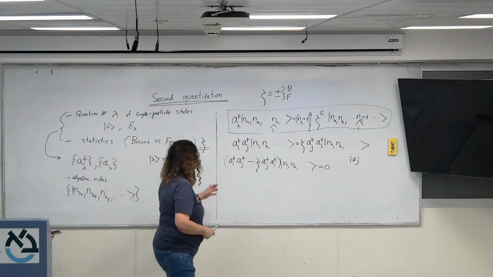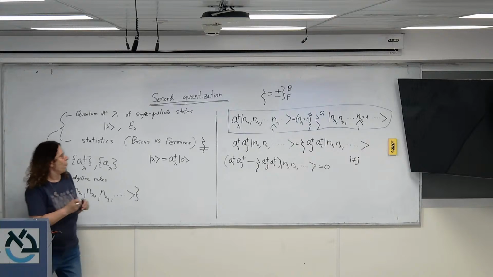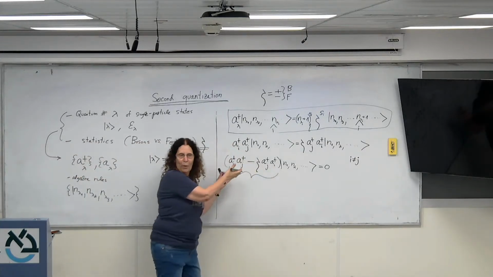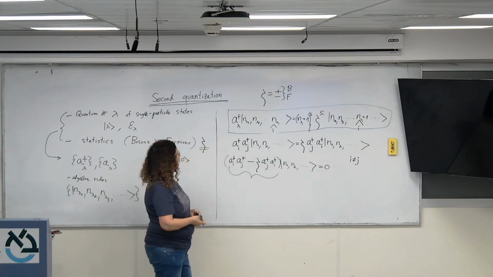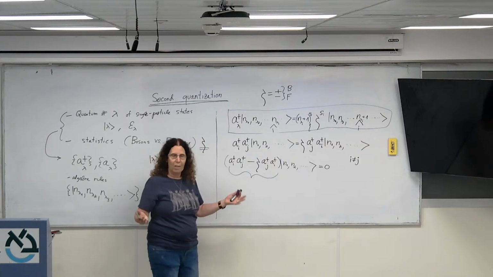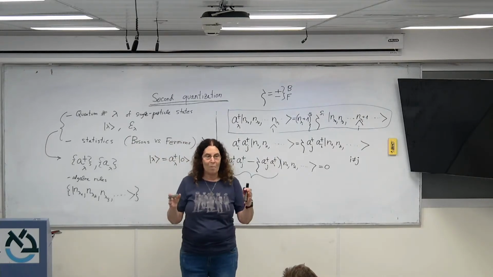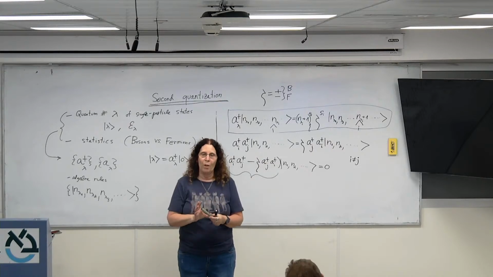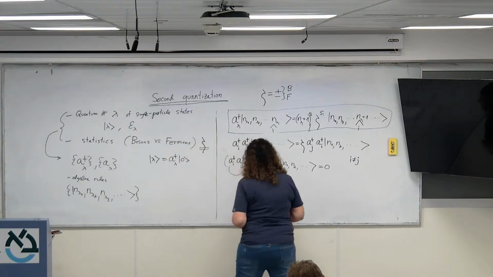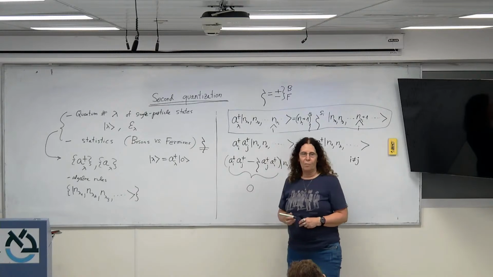So it means that the expression I wrote, which is some operator, is the identity zero, how do you say it in English? It's the zero operator, the null operator. So this is now an algebraic expression.